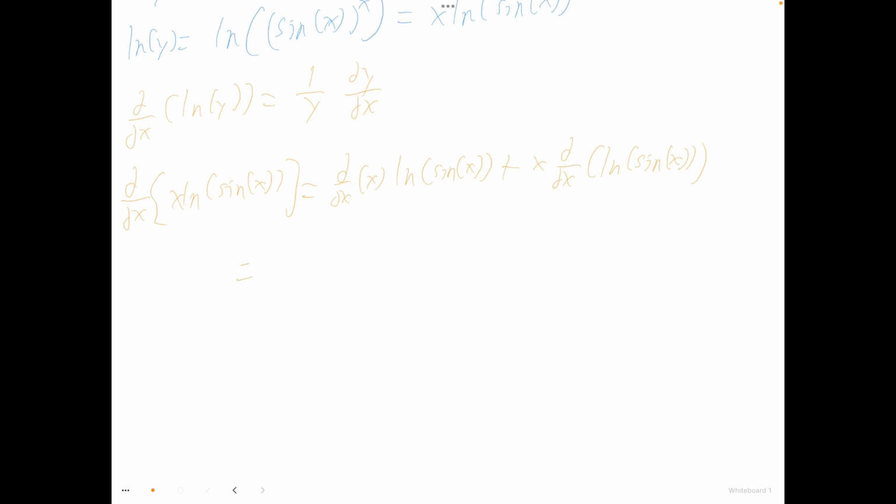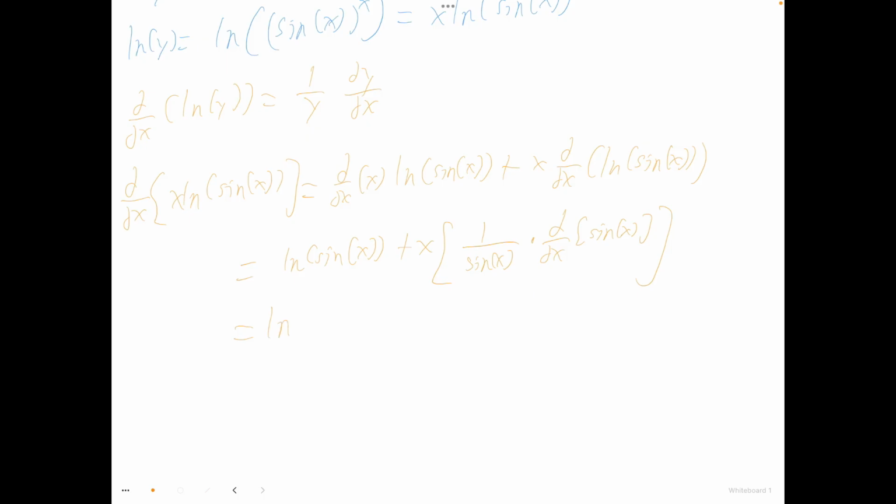The derivative of x is just 1, so we're going to get just ln of sine of x plus x times the derivative of ln of sine of x, which is 1 over the inside function, so 1 over sine of x, times the derivative of sine of x.